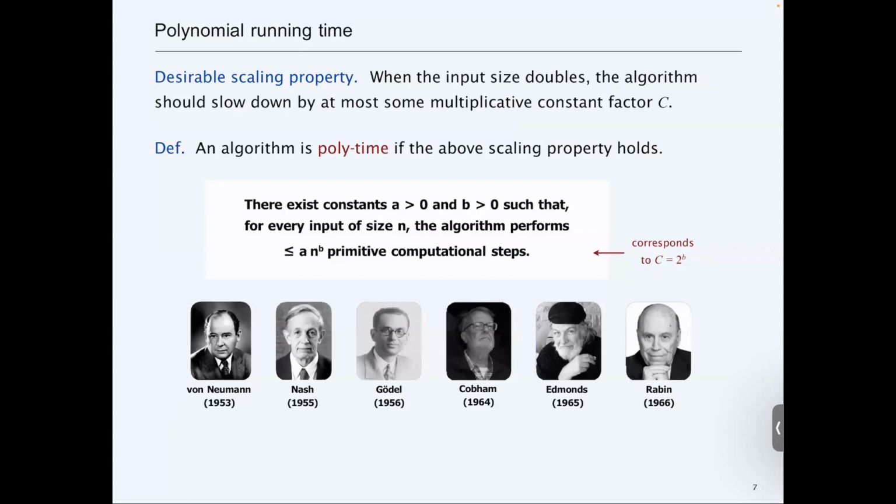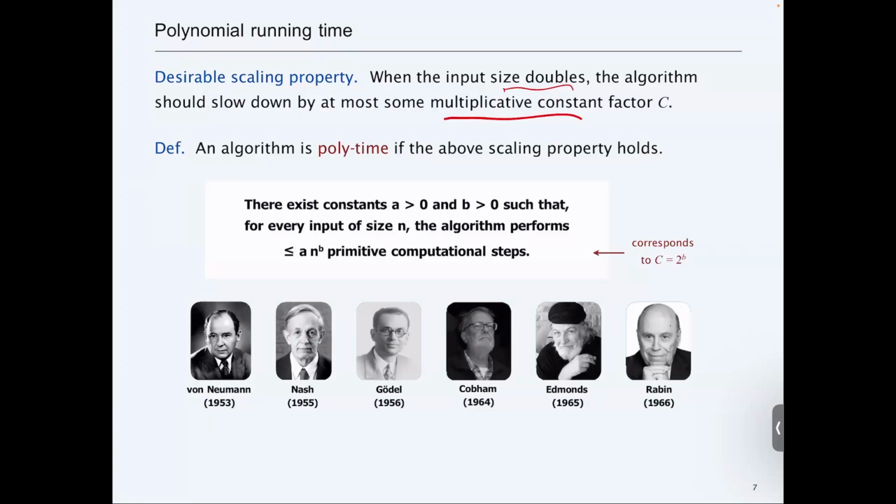One of the biggest distinctions in algorithm analysis is the difference between polynomial time and exponential time. Polynomial time algorithms are generally considered efficient, and the intuition is that when the input size doubles, the runtime should only increase by some manageable multiplicative factor.